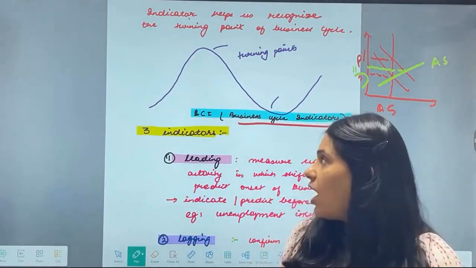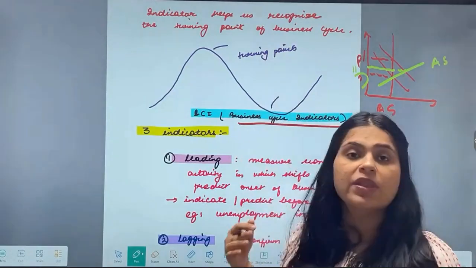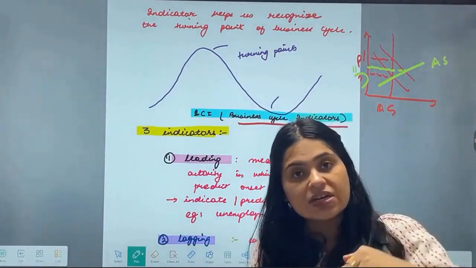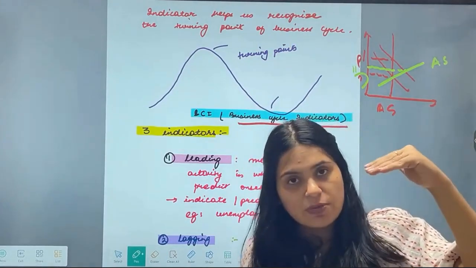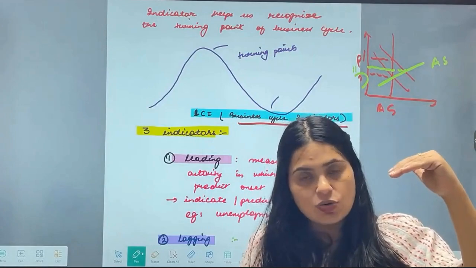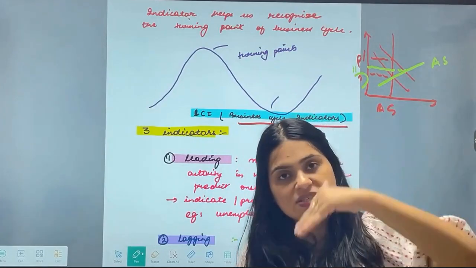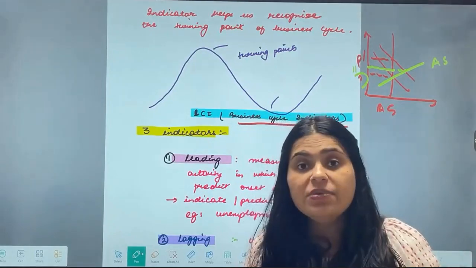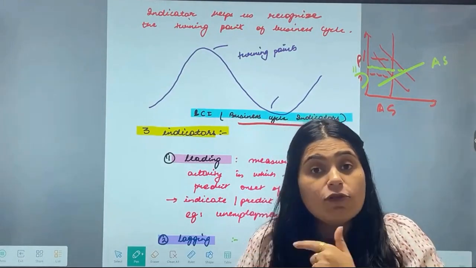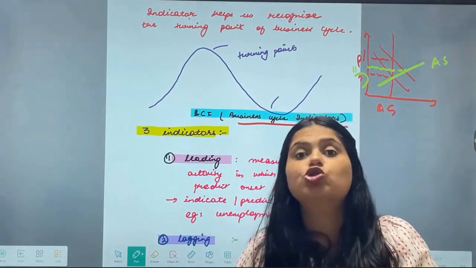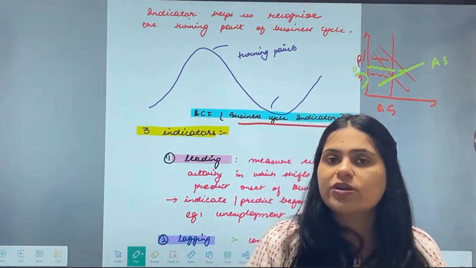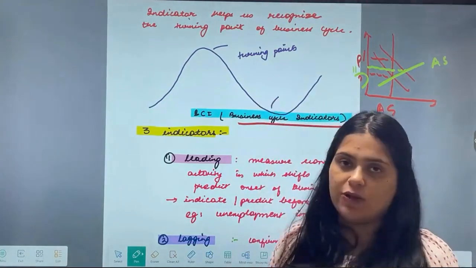It tells me how my economy is performing. It helps me understand the turning points of my economy. It tells you whether your economy is at the peak, is it at the trough, is it in the expansion phase, is it in the contraction phase? Which phase the economy is in, and whether that phase is going to change or not, that is what the indicator is going to tell you.